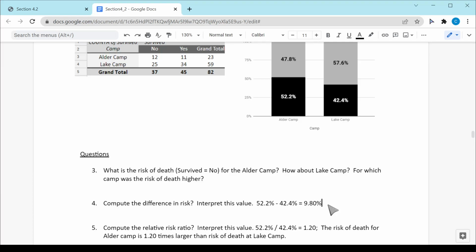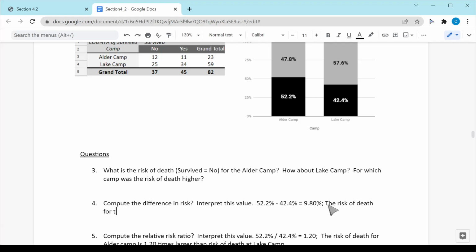And for a risk difference, I should probably write out the interpretation there. The risk of death for Alder camp is, I guess, if we want to use the exact values, 9.8% higher than, and then the other box, which is the risk of death at Lake camp, or for Lake camp.